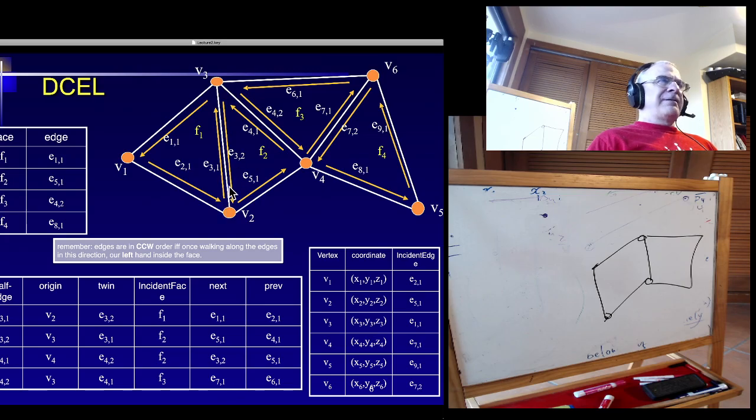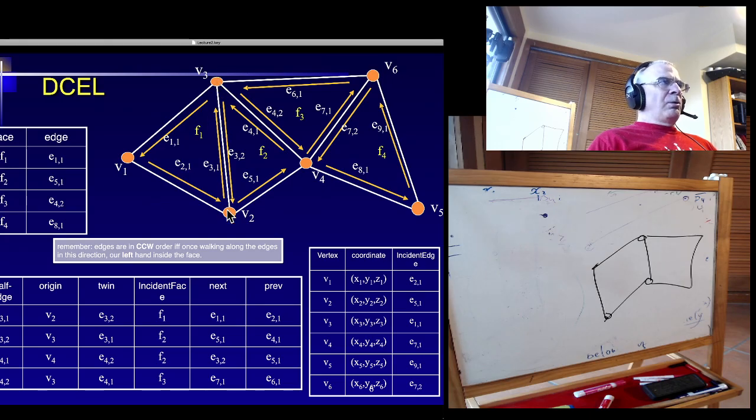You see that I never store with the edge what is the destination endpoint. I store the origin endpoint, the origin vertex, but not the destination vertex. Why? Because I don't need to.